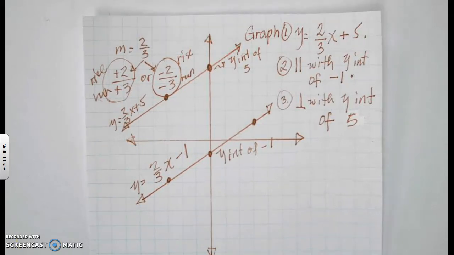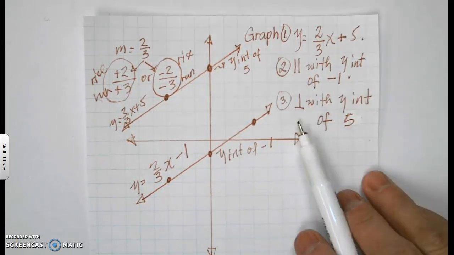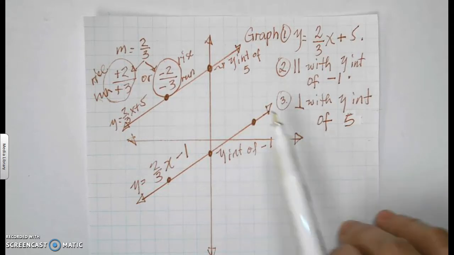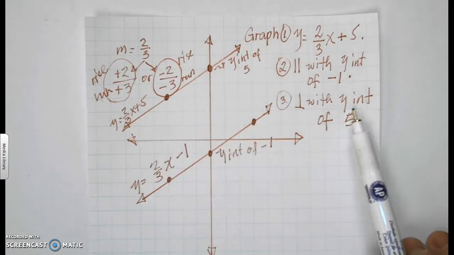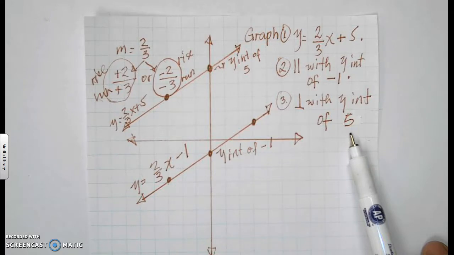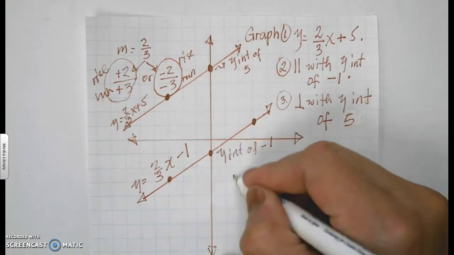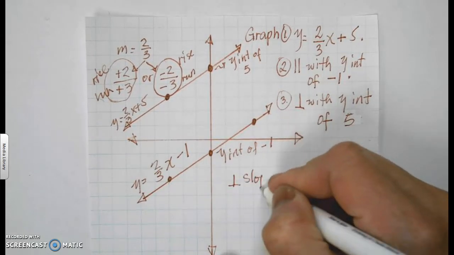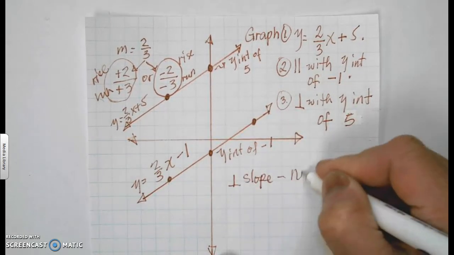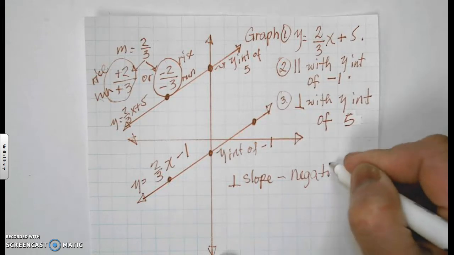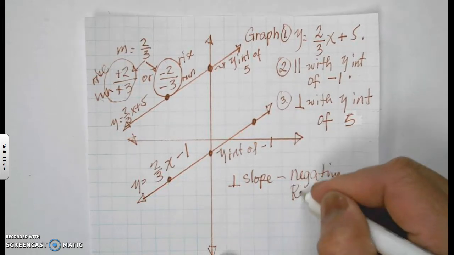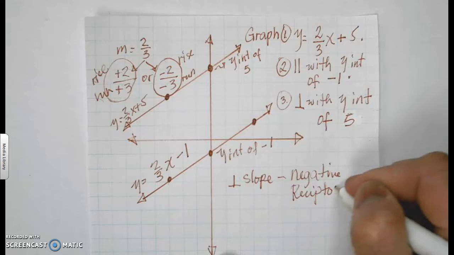Okay, our next task is to create a perpendicular line to the original, which is this one, with a y-intercept of 5. So the same y-intercept, but then the perpendicular slope, as what we've discussed, is the negative reciprocal. So two words.